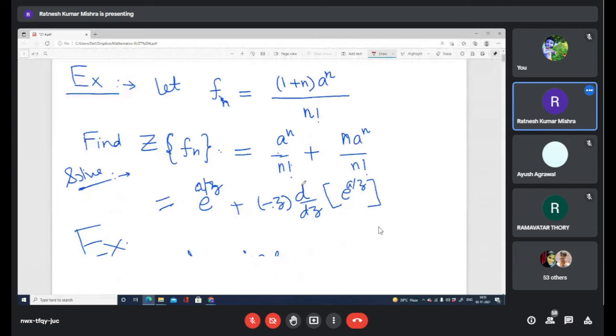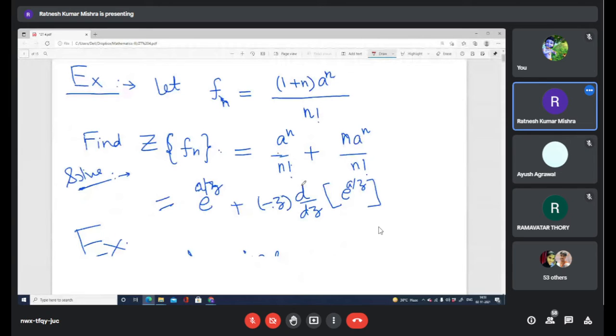So therefore the z transform of f n times g n equals f of z times g of z.